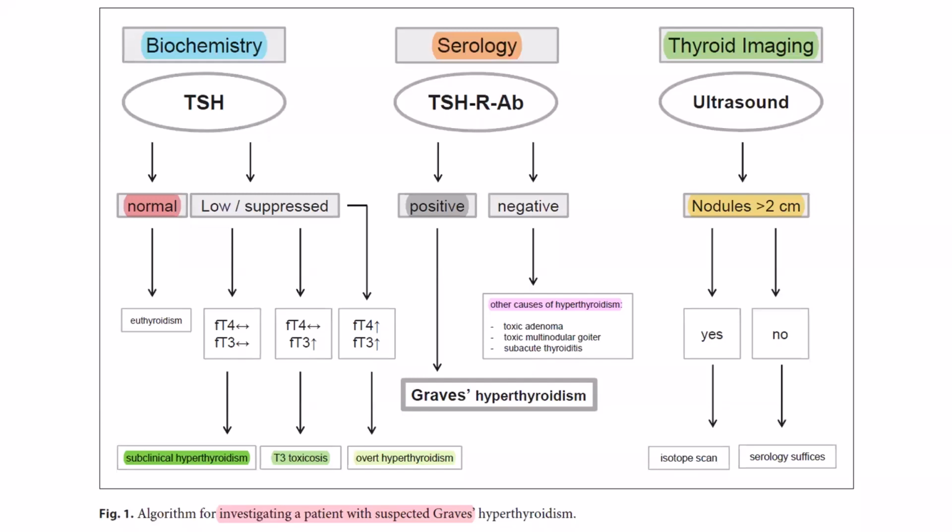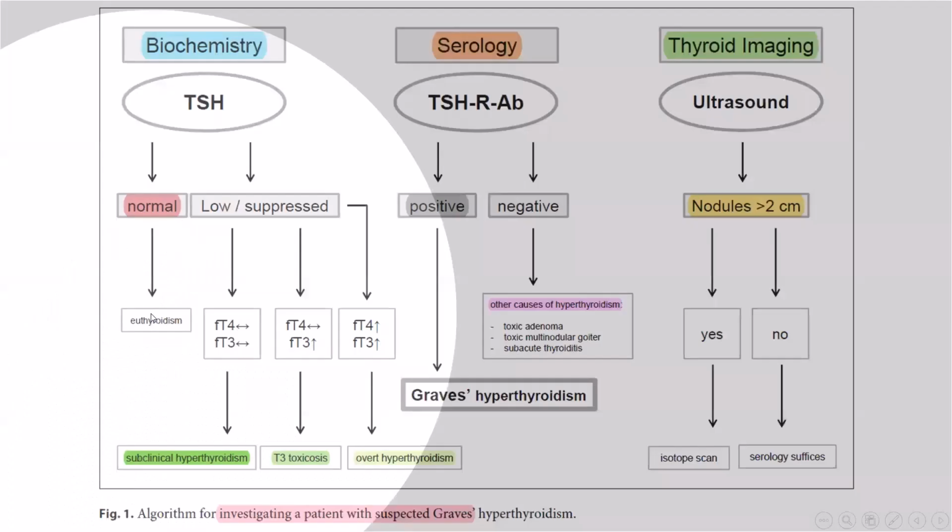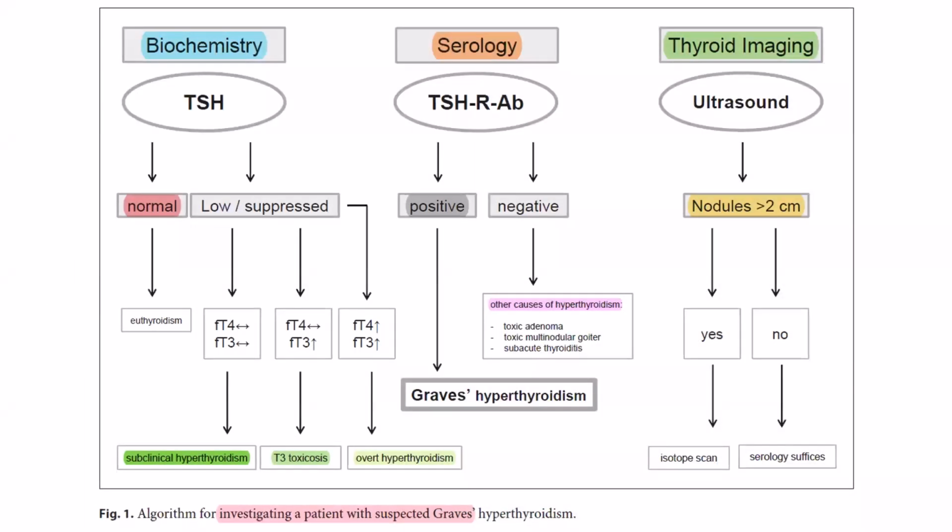If TSH is normal, the patient is euthyroid and there is no need to do free thyroid hormone, free T4 or T3, either total or free T3, because normal TSH excludes primary thyroid disorder.